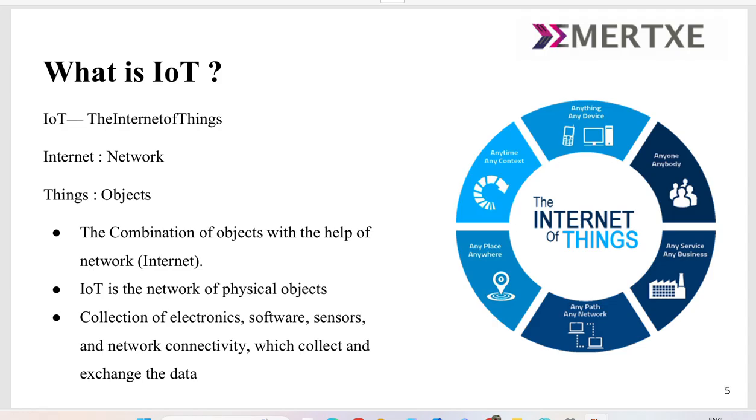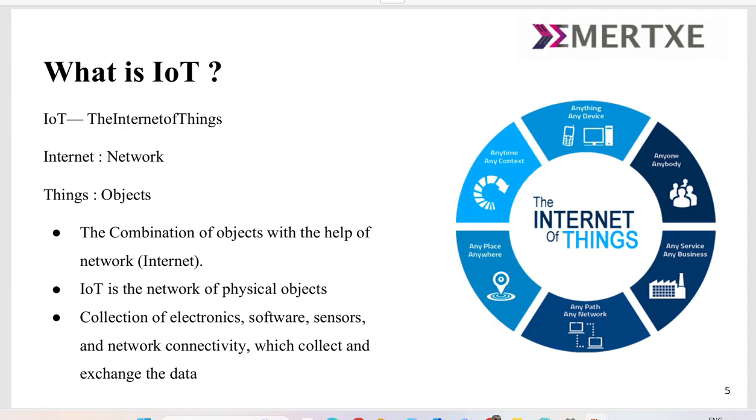So IoT is a system where physical devices are connected to the internet, allowing them to collect data and be controlled remotely. IoT is a network of physical objects like electronics, software, sensors and network connectivity which collect and exchange data. In my project, devices like lights, temperature system and water tanks are controlled using a mobile application through the internet.